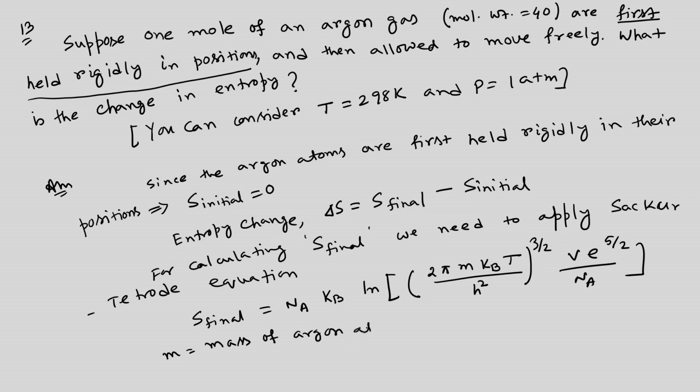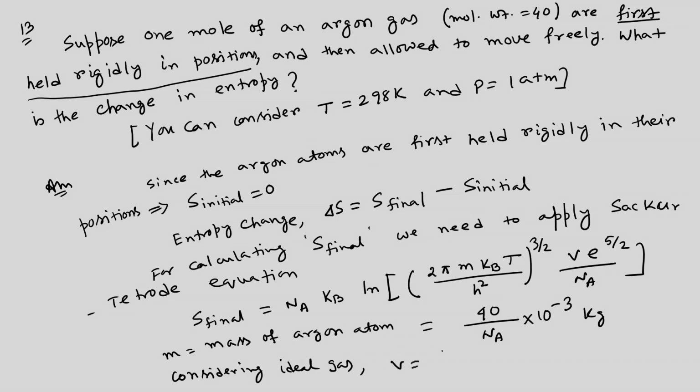So, mass of one argon atom is 40 by Avogadro number times 10 to the minus 3 kg. And we need to know the value of volume. So, how do we get it? Considering ideal gas, temperature and pressure are given, we can write V is nRT by P. n is 1, R is 0.082 in liter atmosphere unit, times temperature 298, and pressure is 1.